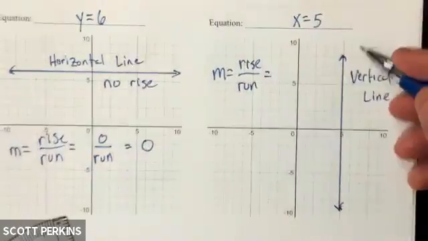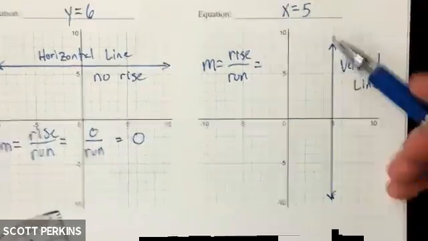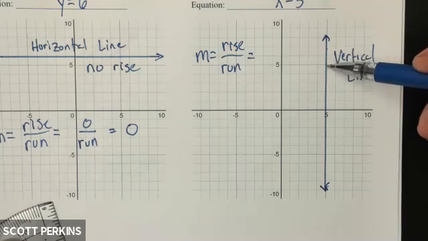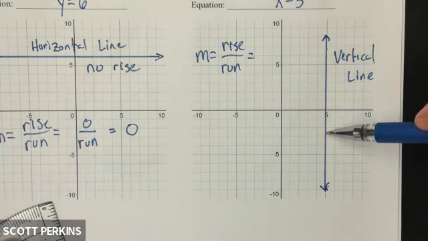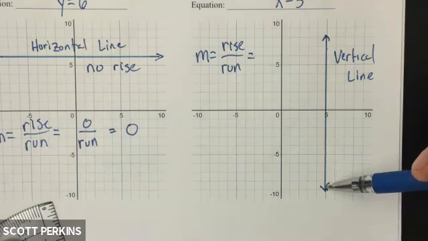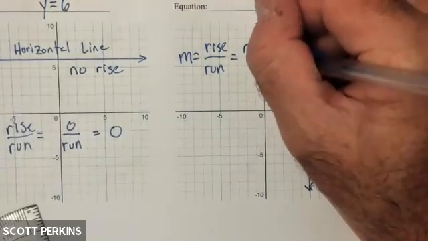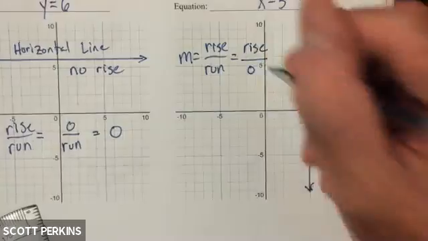Well, this time, my line is all rise. As I trace this line going up and down, how far is it running? How far left or right does this line go? It doesn't go left or right at all. Okay, so in this case, my rise is my line, my run is 0.